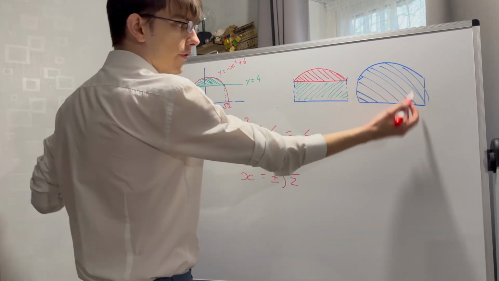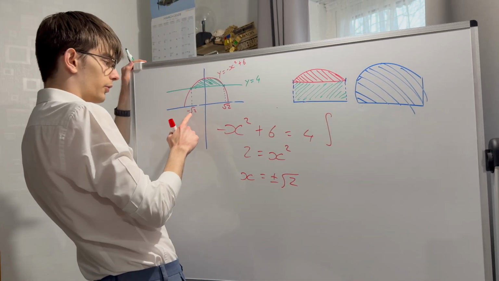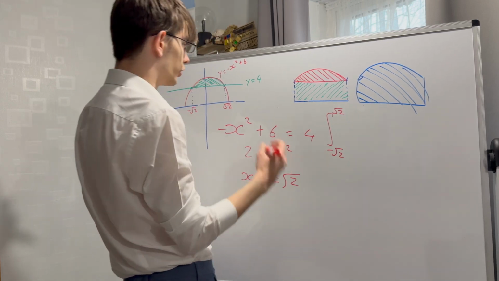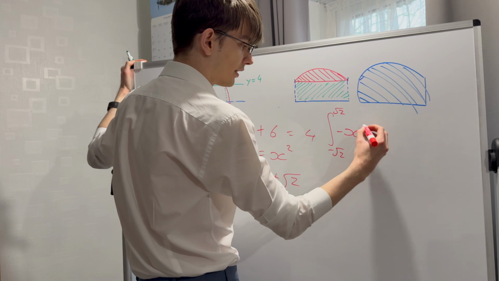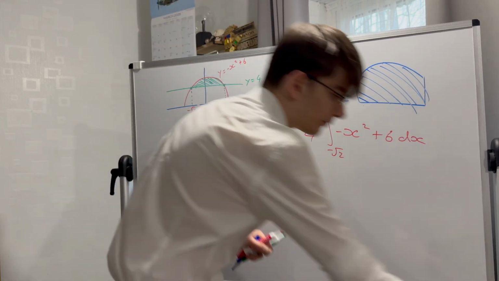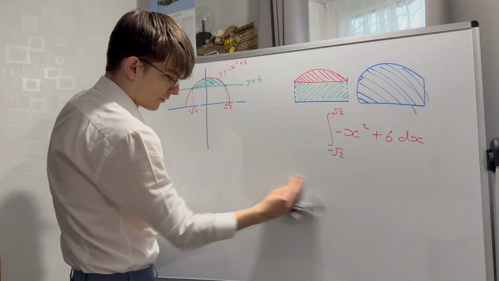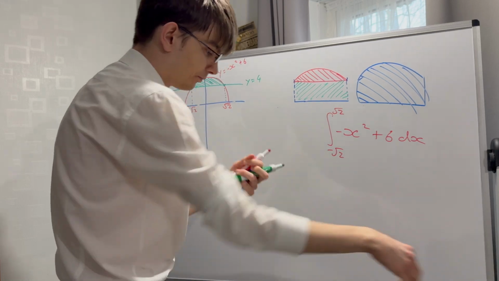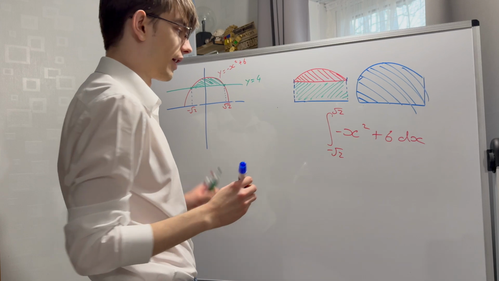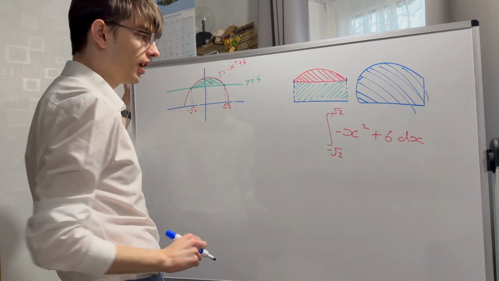So to find the area of this horrific looking blue shape, I'm going to want to integrate between minus root 2 and plus root 2 of minus x squared plus 6 dx. I'm going to delete some of my working as I go because I think the diagrams are more important than the random algebra. And again, you can always rewind. I can't. So let's integrate this. What's the integral of minus x squared plus 6 dx?